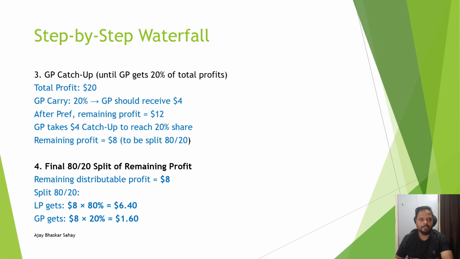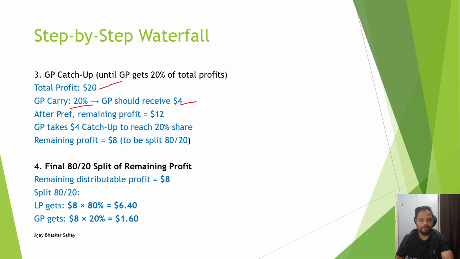Now the third step is the GP catch up. It is on 20% of the profit. Our profit was $20, so the GP carry will be around 20% of the profit, which is $4.